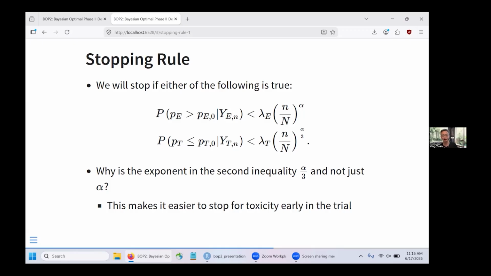You can imagine in the case where it's futile and also toxic, the stopping rate will be higher than when you look at either table, based on toxicity or efficacy alone, because there's more chance to stop; those two rules are going to interact with each other. When you consider them jointly, it's statistically more rigorous because the operating characteristic reflects the true operating characteristic.